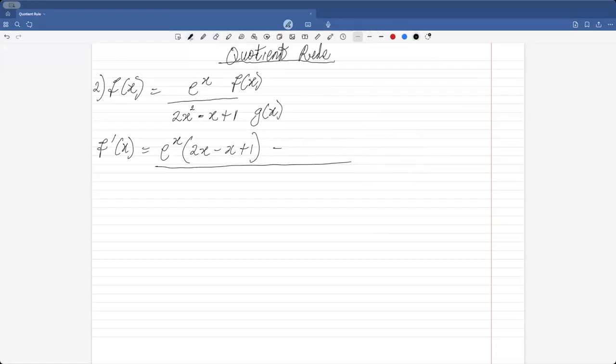So the derivative of the bottom function is, we have this to be e to the x, open parenthesis, we have 4x minus 1, close parenthesis, all over, open parenthesis, 2x squared minus x plus 1, all to the power of 2.